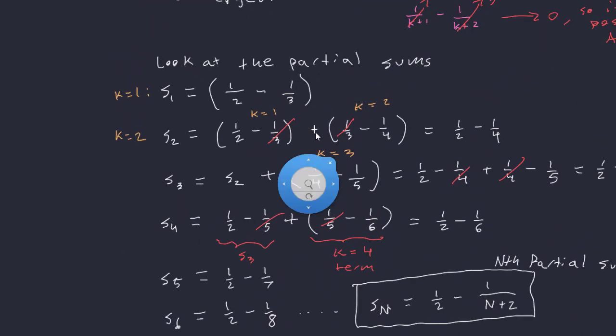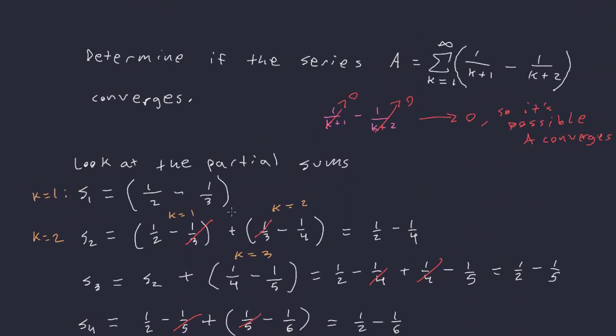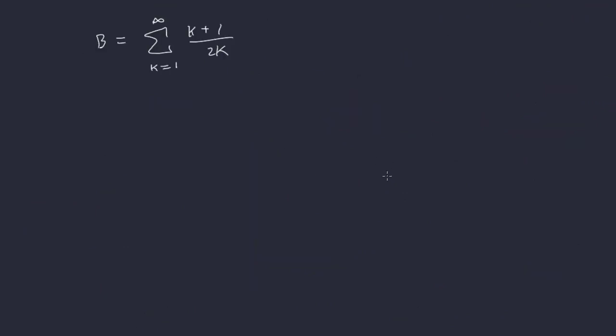Okay, so let's look at another example. Let's take a look at the second series here. Label it B. B is the series k going from 1 to infinity of k plus 1 all over 2k. Well, the first thing we need to look at is what happens as we take the limit as k goes to infinity of k plus 1 over 2k.